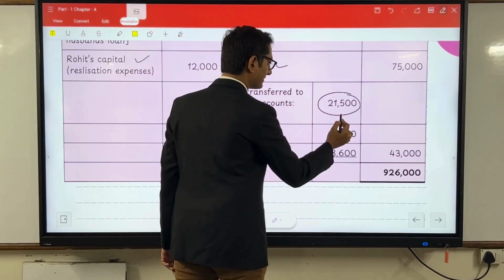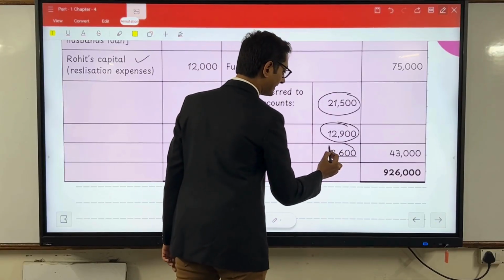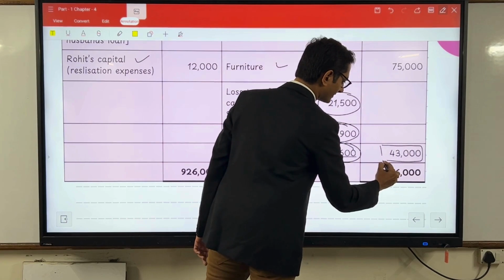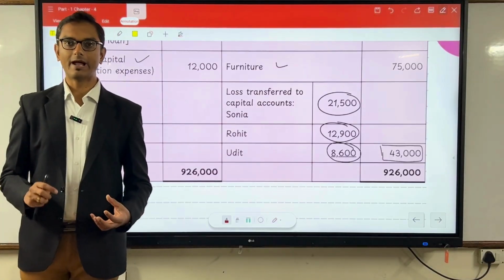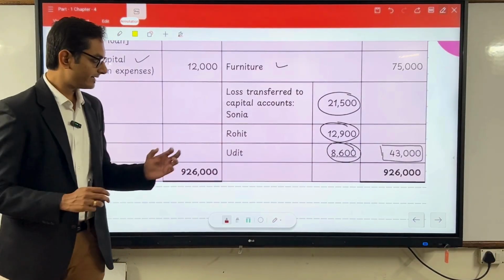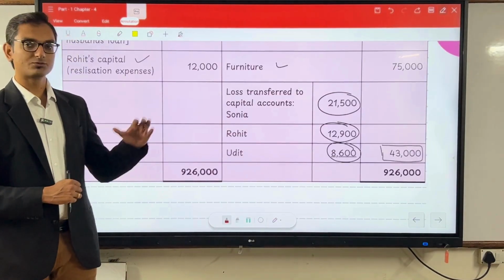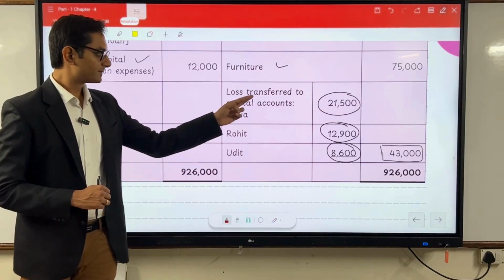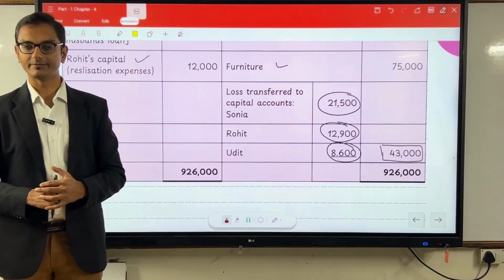Sonia will get 21,500, Rohit will get 12,900 and Udit will get 8,600. And the total loss of the firm is 43,000 after all the adjustments, after realizing assets and liabilities are paid off. At the end, the firm has a total loss of 43,000, which is divided between Sonia, Rohit and Udit in their profit sharing ratio. It comes to 21,500, 12,900 and 8,600.